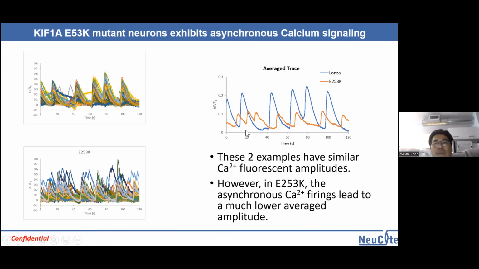And when you sum up the traces, you can see that the mutant relative to the wild type has asynchronous and lower average amplitude of calcium due to the asynchronous nature. And this is, again, another phenotype that we can move forward for drug screening.